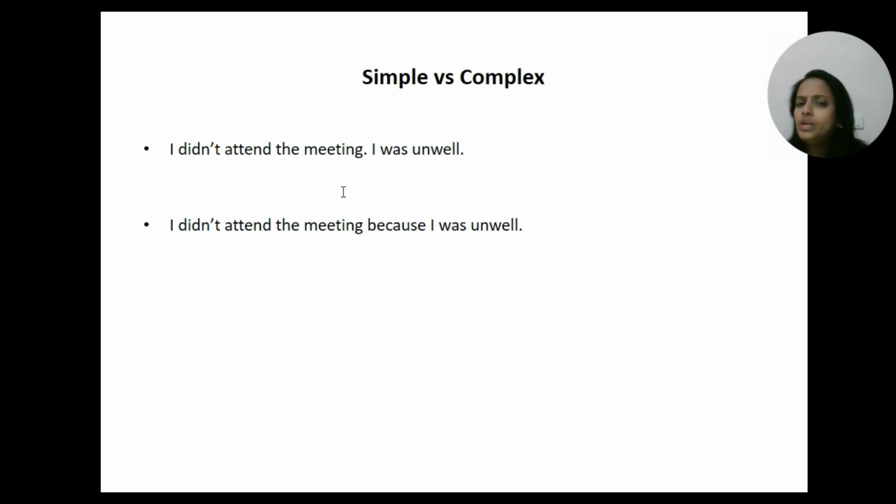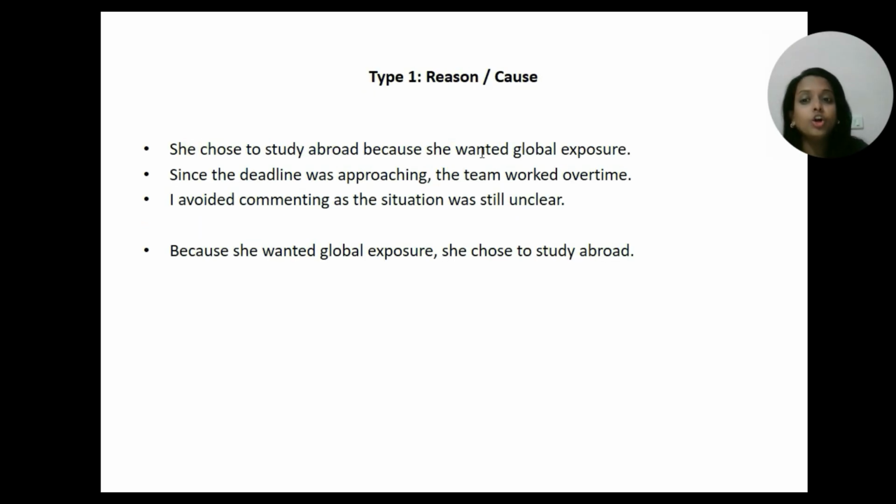Now let's get into the real grammar part. Types of complex sentences. Technically, complex sentences are formed using dependent clauses, and these dependent clauses usually start with something called subordinating conjunctions or relative words. We will break this into three main types, and I'll explain each one with examples.